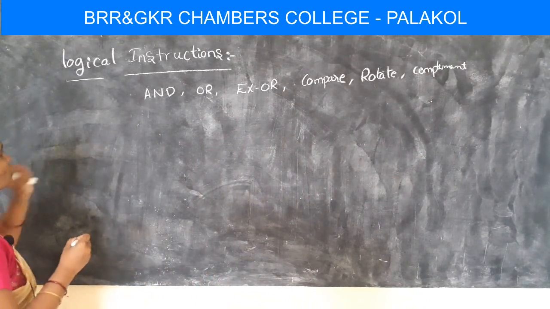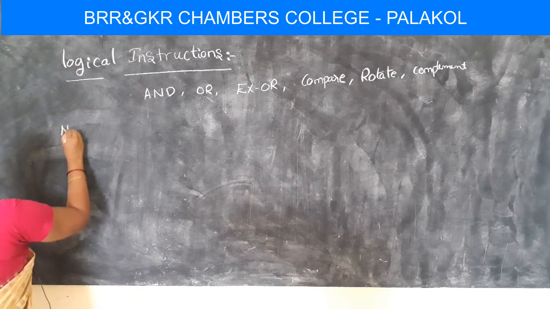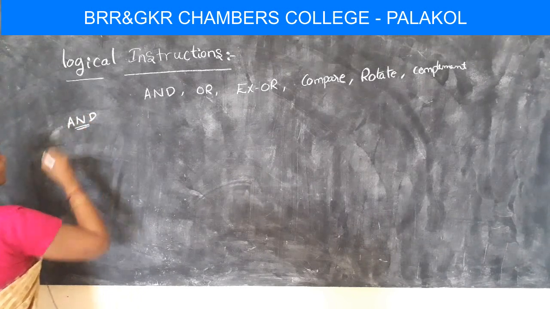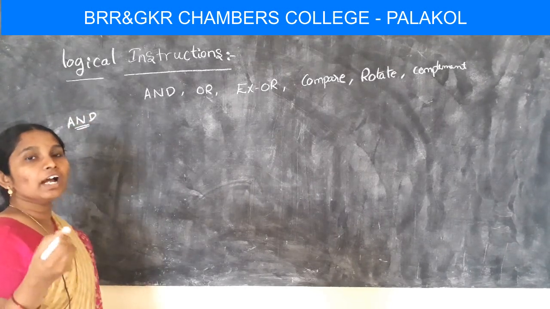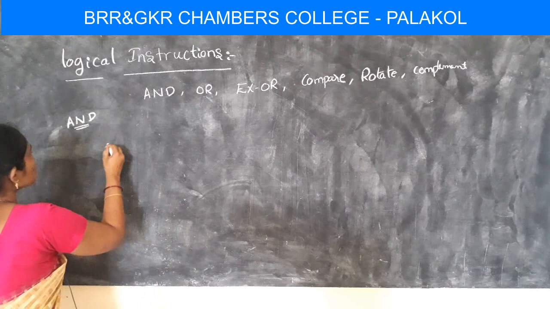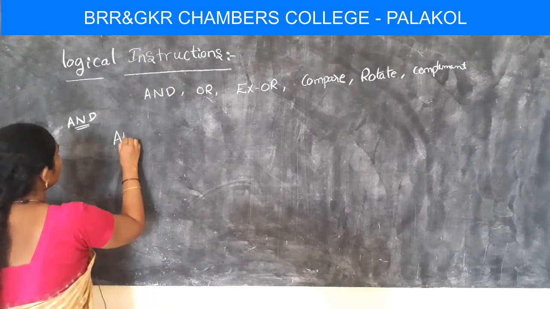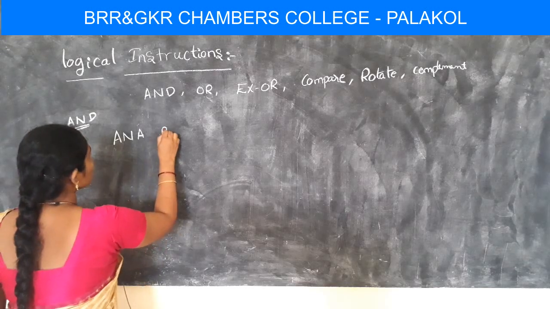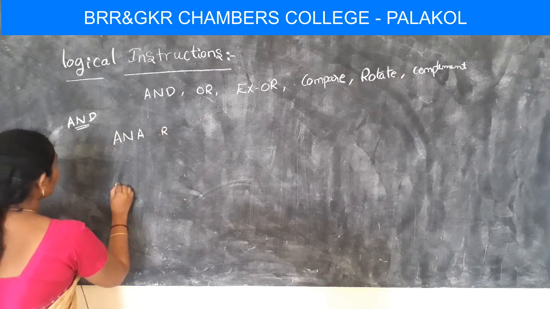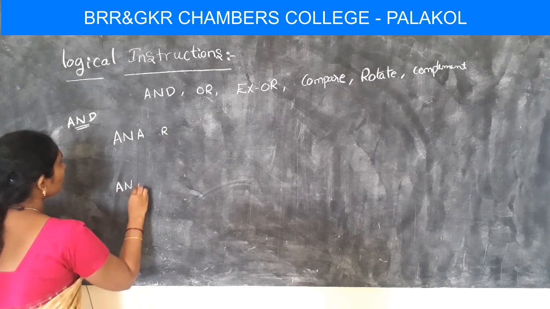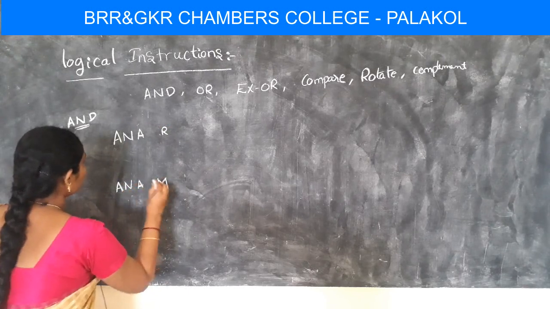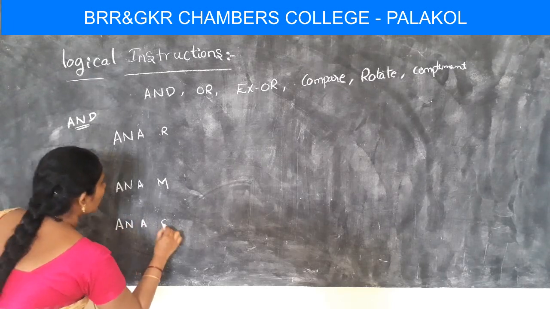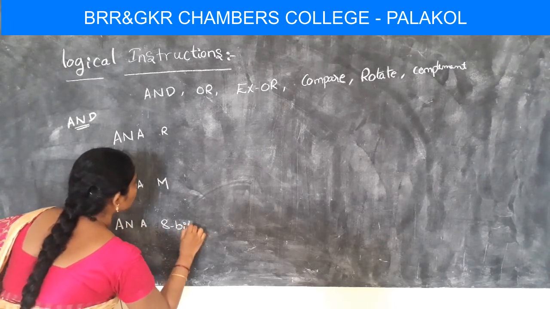The first one is AND. The AND operation is performed with an accumulator. Therefore, the instructions are ANA register, ANA memory, and ANA 8-bit data.